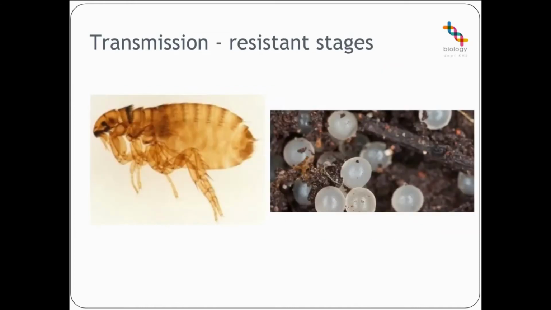Now, some parasites are able to create what we call resistant stages, and that allows them to be transmitted from one host to another over quite a significant period of time. So on the left hand side we have a flea, this is a cat flea larva, and it's able to survive dormant for quite some time, for example when it's lying in carpets, until it comes across another host.